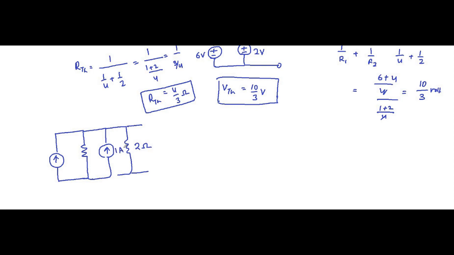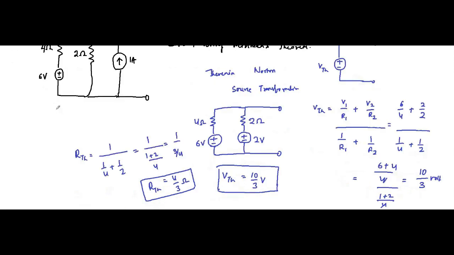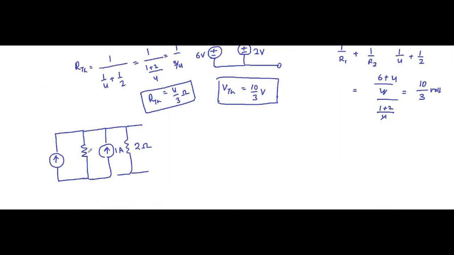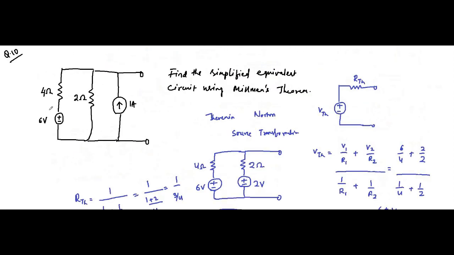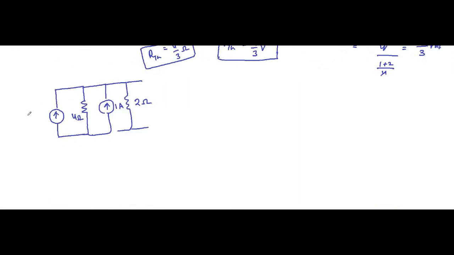But here, to convert this voltage source and series resistor, we convert it into a current source and parallel resistor. So this is 4 ohm, that will be fixed, but the current value will be 6 by 4, that is 1.5 ampere, 6 volt by 4 ohm.